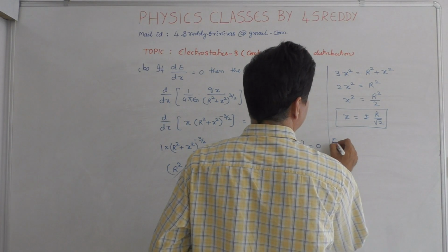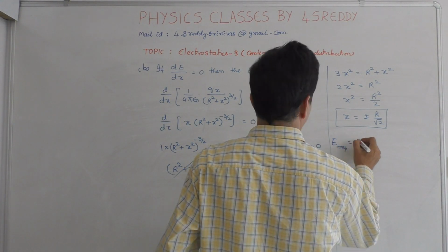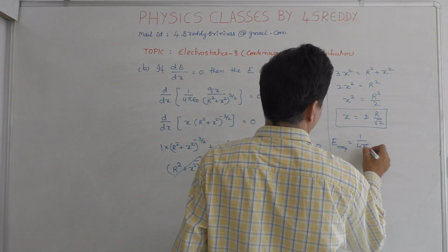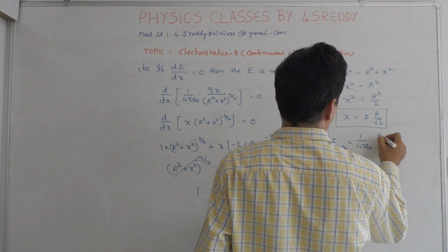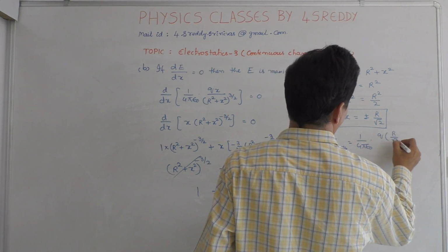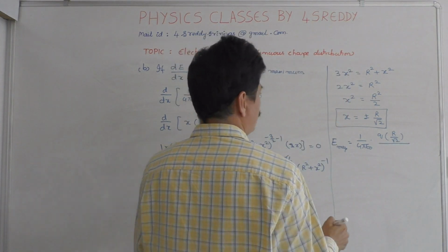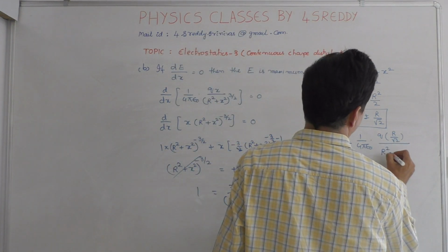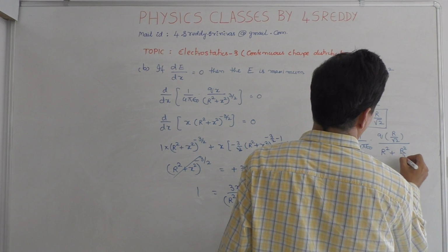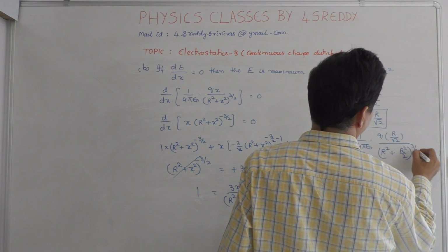Once you get that, E max is given by 1 by 4 pi epsilon naught, q into r by root 2, by (r square plus r square by 2) whole power 3 by 2.